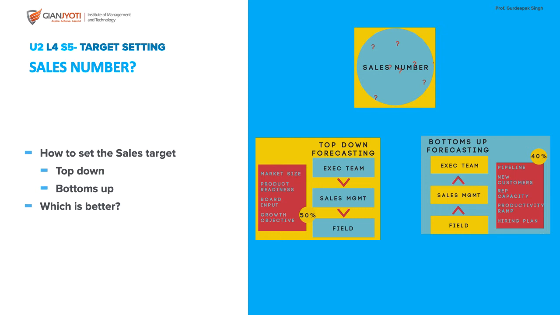It should not happen that we are trying to enforce the sales number onto the field sales force. On the other hand, it should not happen that the target set by the field staff is very easy to achieve and low as per the company objectives of growth.